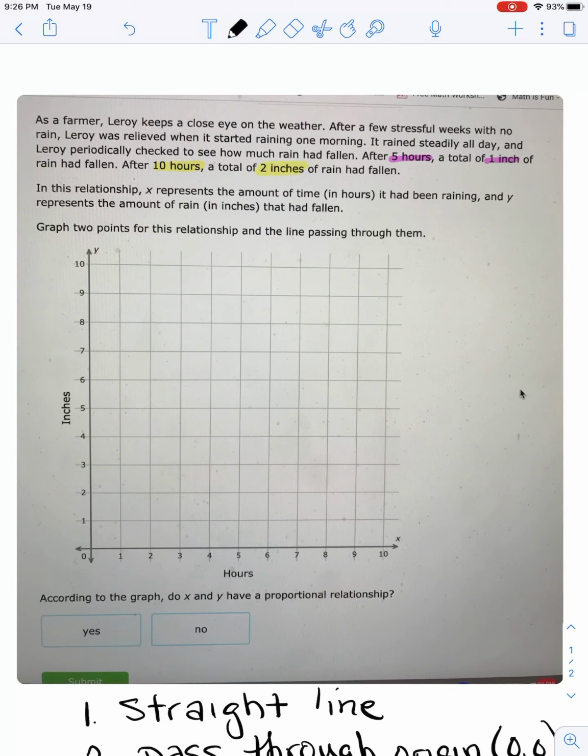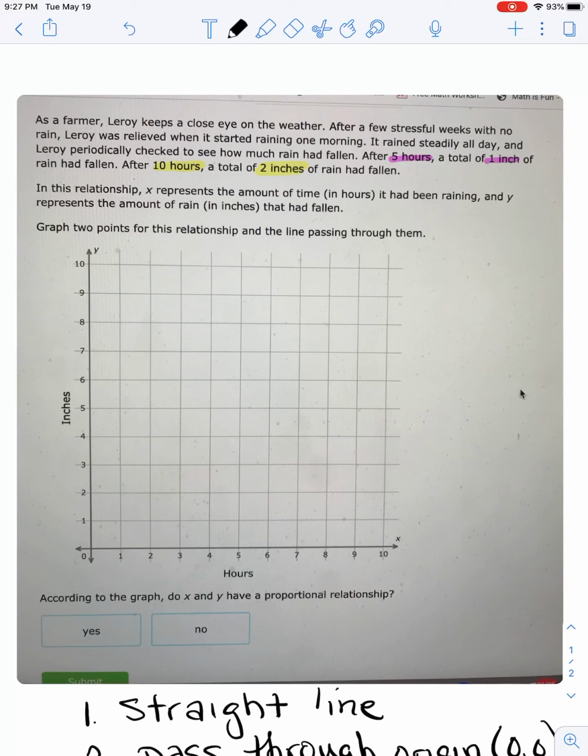Now, in this relationship, X represents the amount of time in hours, and we know that usually when we're graphing rates, and in this case these are rates, the x-axis represents the time in minutes, hours, days, etc. So our x-axis is hours along the bottom, and our y-axis represents the amount of rain in inches.